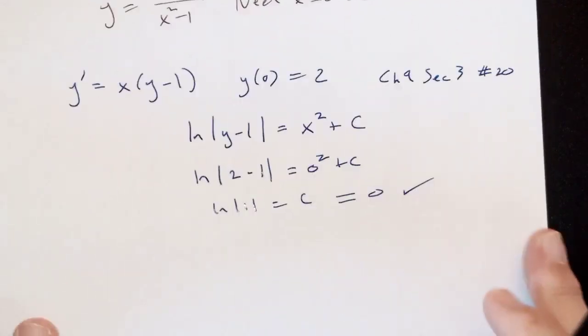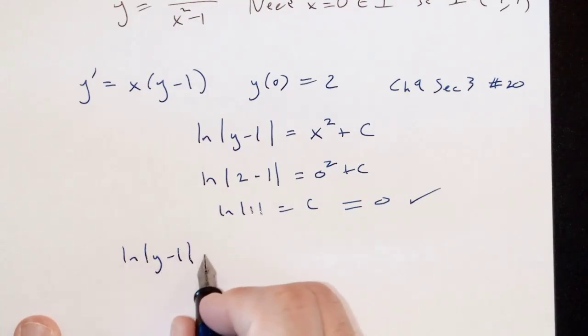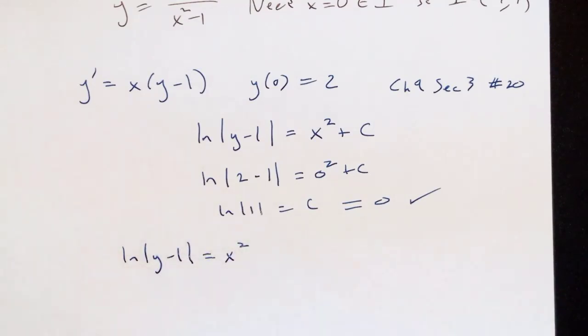So really, this should be ln absolute value of y minus 1 equals x squared. If I graph that, that should go through the point 0, 2. Can you graph that for me?